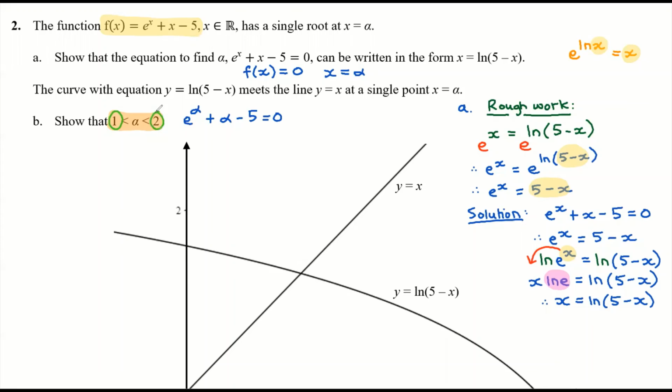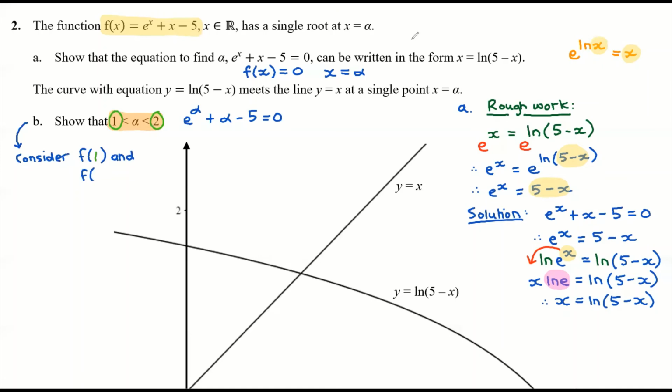let's plug in those numbers. So for part B, consider f of 1 and f of 2.